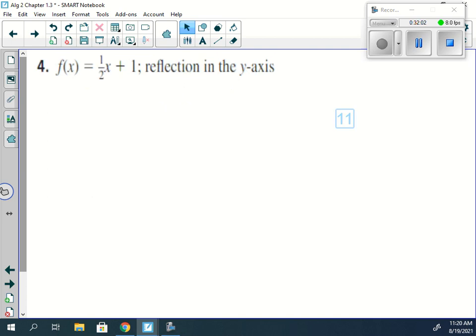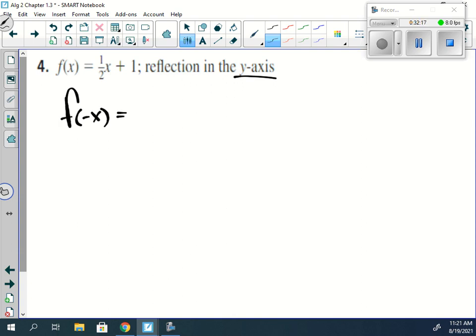Okay. All right, let's just look at one last one. This one here is a reflection in the y-axis. So this one here would be f of negative x, which means we're going to be replacing the x with negative x in the function.